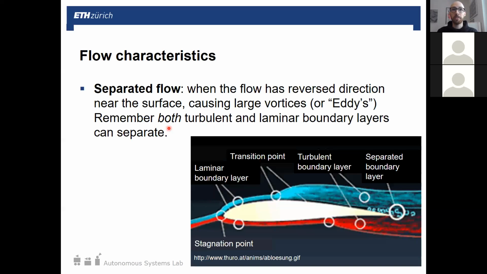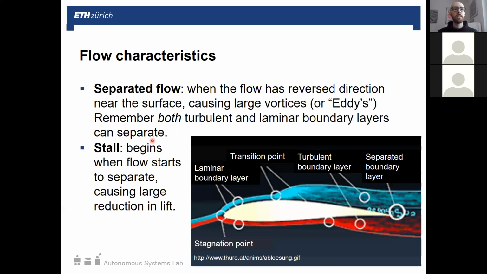You can also have detached laminar and turbulent layers. So there are two separate concepts here, turbulence and laminar. These just describe the characteristics of the flow, but separation literally means it has come off of the surface and caused these vortices.